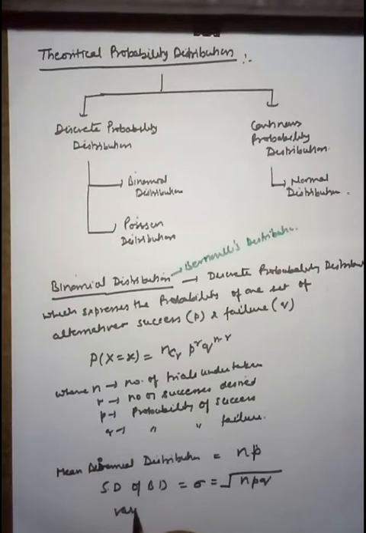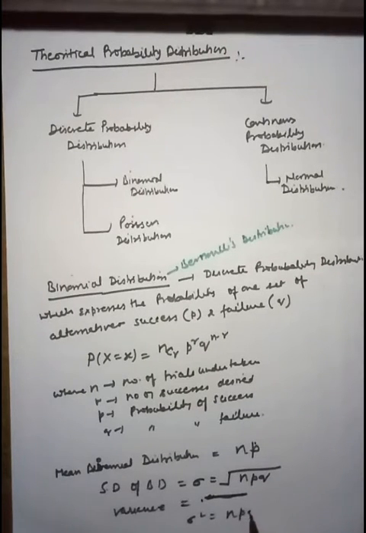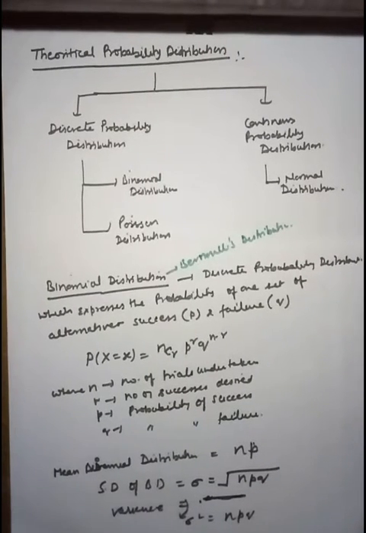And the variance is sigma squared, which equals npq. Right? So this is the binomial distribution. Now let us take one example and see how to apply this formula and solve the question.